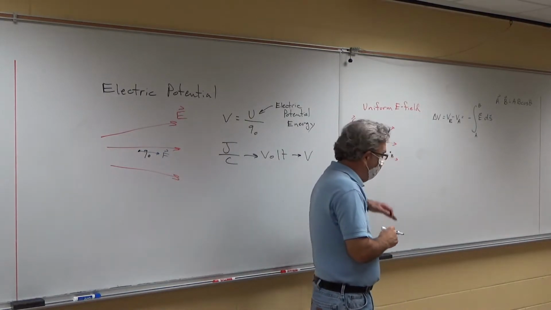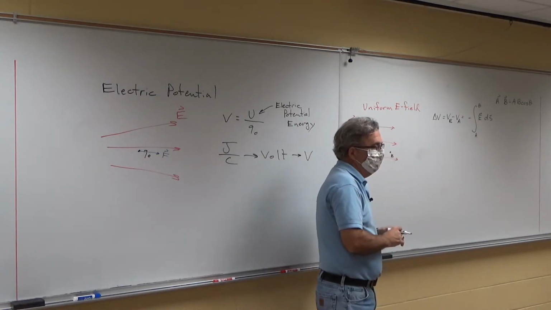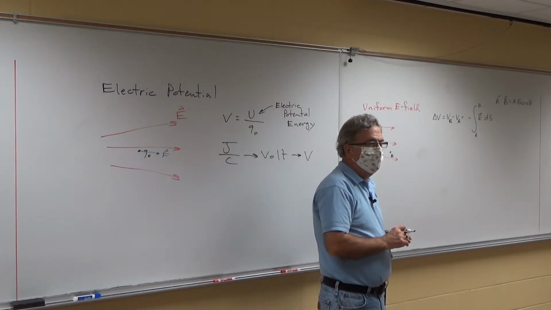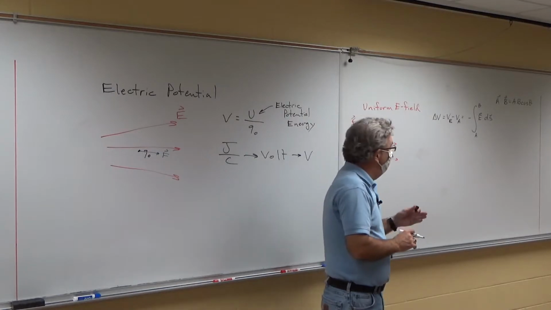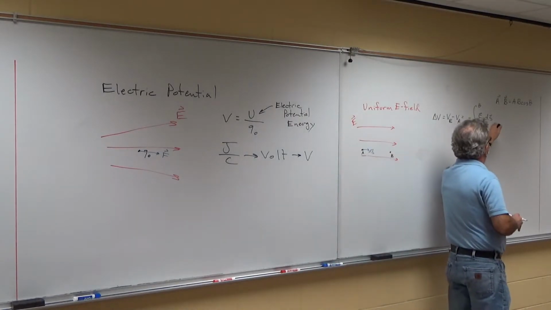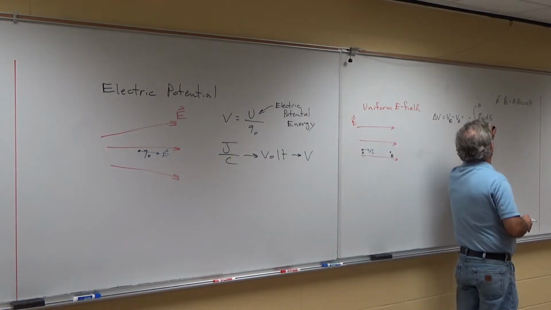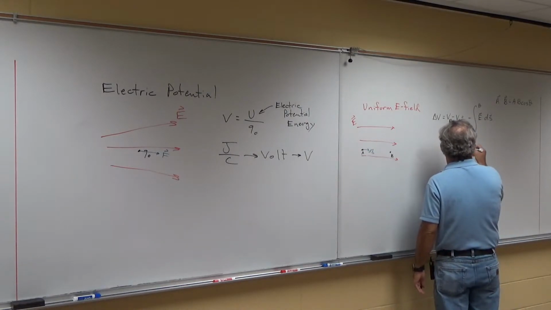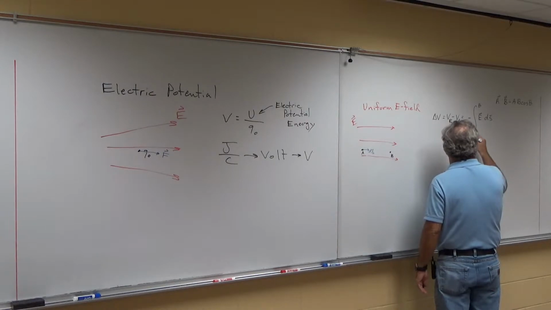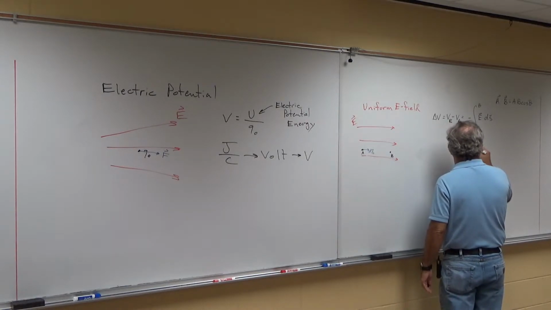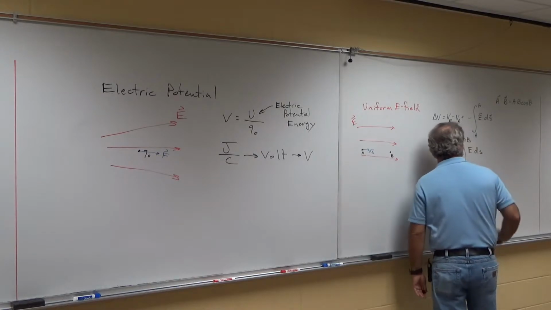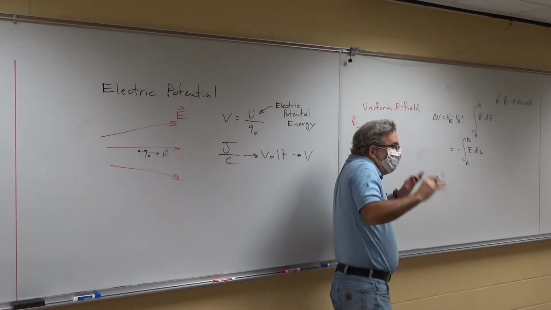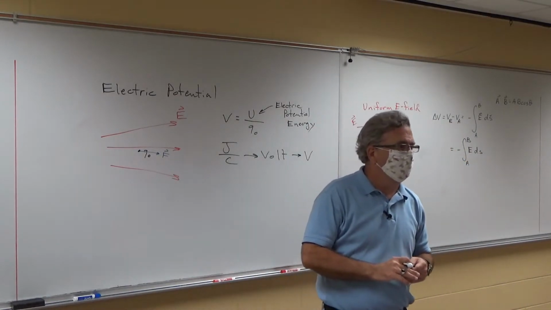I'm moving parallel to the field. So the angle between E and ds is 0, and cosine 0 is 1. So for the uniform case, this just becomes the negative of the integral from A to B of E ds. I took care of the dot product.